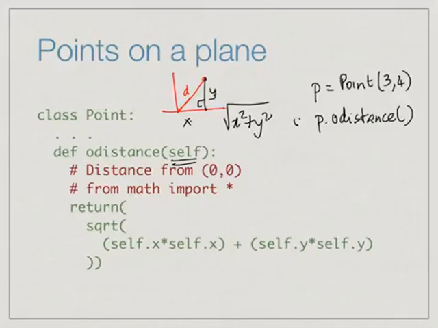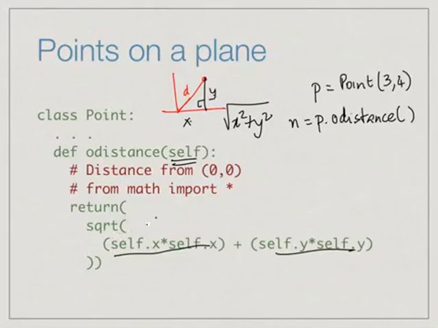So maybe we would assign this to a name like n. So when we do this, it will look at the current value of self.x, the current value of self.y, square them, add them, and take the square root.